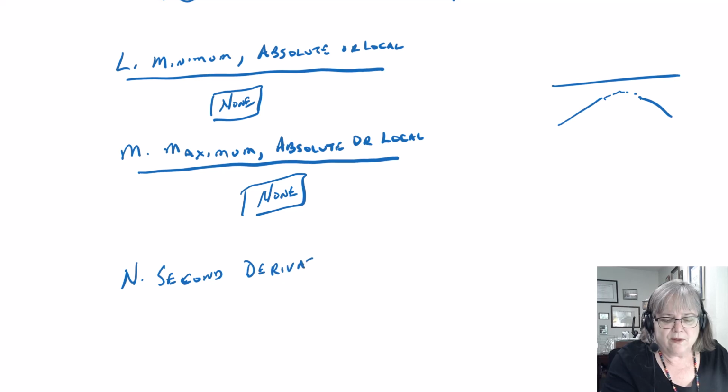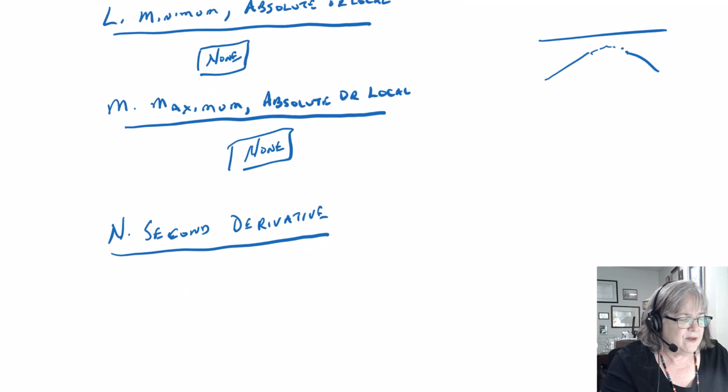Remember, the first derivative talks about increasing and decreasing, max and mins. Second derivative talks about concavity. So the first derivative was minus 9 over x minus 4 squared.